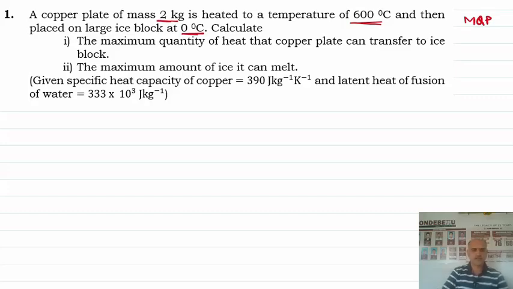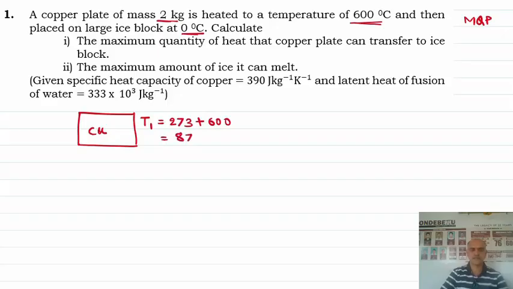Here, first, for understanding, there is a copper plate. So we can think of this as a copper plate. The temperature given is 600 degrees centigrade. Convert to Kelvin: 273 plus 600, so you have 873 Kelvin.